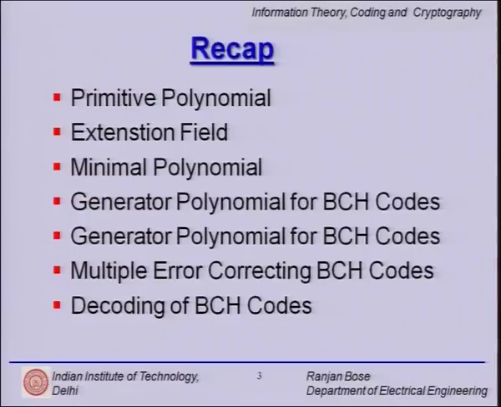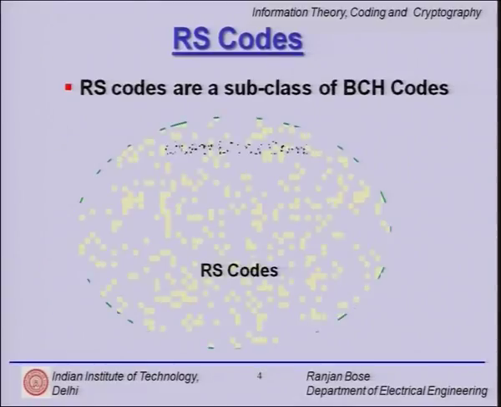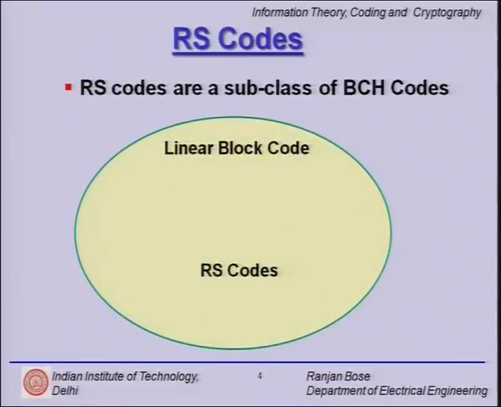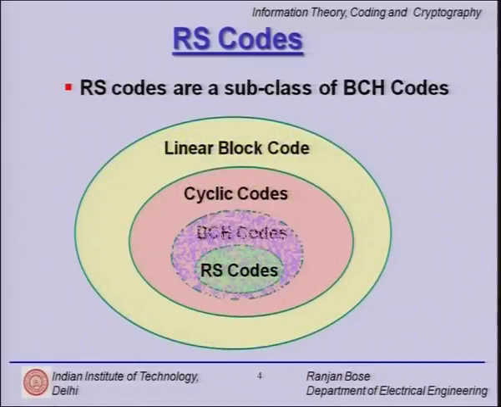So, let us see what we have done so far. We have been looking at the general class of BCH codes, where we started with the primitive polynomial, looked at the extension fields, the notion of minimal polynomials, generator polynomials, and then finally the BCH codes. Now, we clearly understand that Reed-Solomon codes are a subclass of BCH codes.